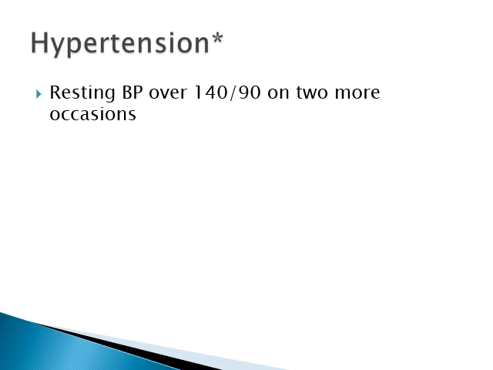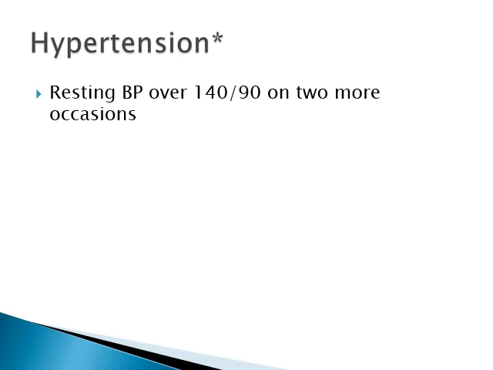So again, with hypertension, I gave you at the beginning of this the new standards and guidelines as they relate to hypertension. Those are the more recent ones that we looked at. Hypertension in general was once considered resting blood pressure over 140, and that's still basically your stage 2 hypertension.